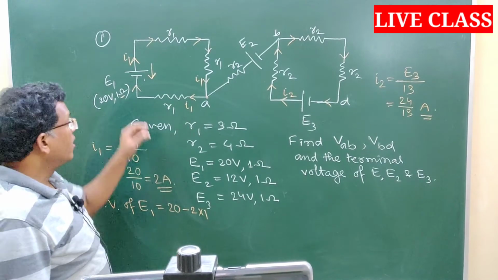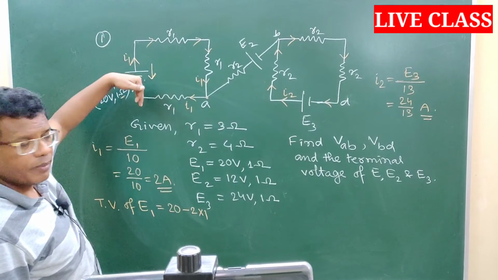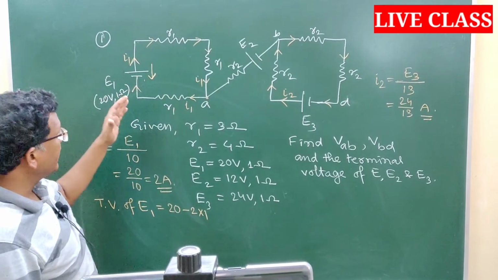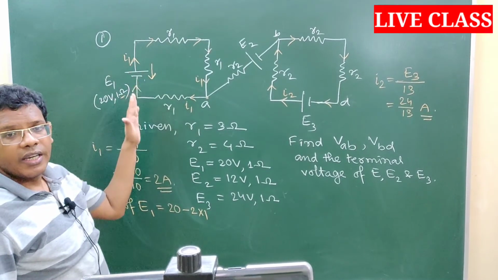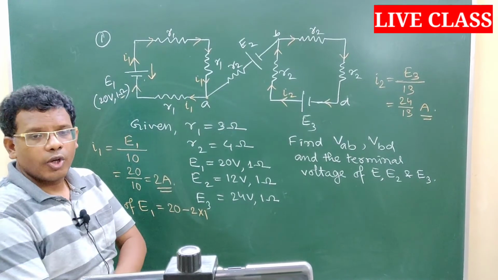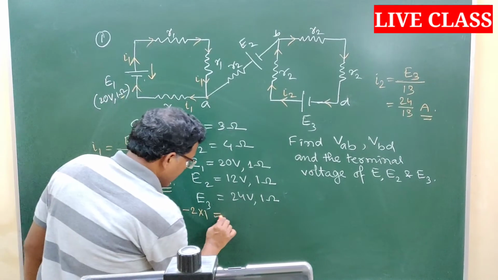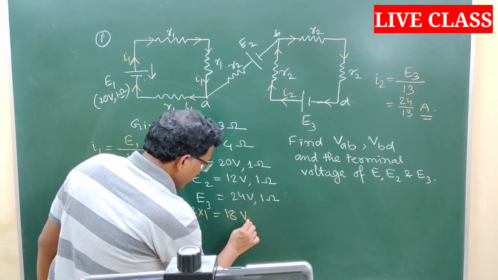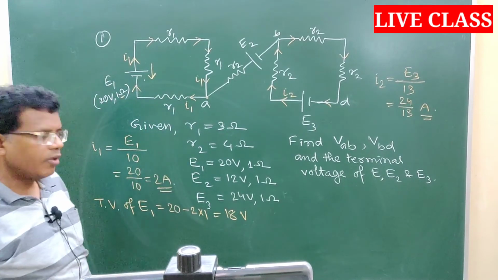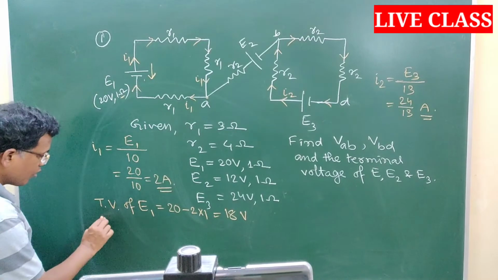So 20 volt, the EMF, is positive from positive terminal to negative terminal, minus, since current is going negative to positive, a potential drop will be recorded across the internal resistance. So here it will be 18 volt. 18 volt will be the terminal voltage across E1.